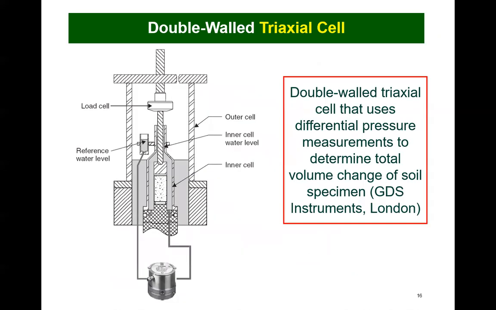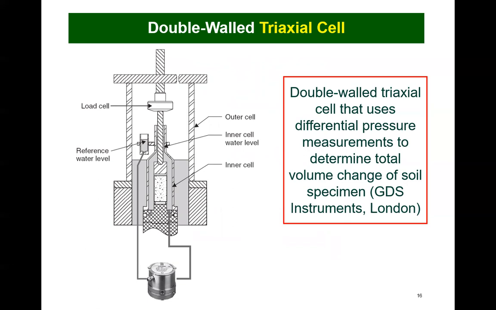An unsaturated test specimen might change in overall volume during the test. The change may also be in terms of water content or degree of saturation. In other words, a change in water content does not correspond to a change in overall volume when you're testing an unsaturated soil, as it does for a saturated soil specimen.